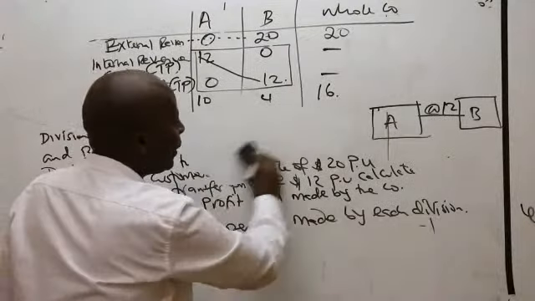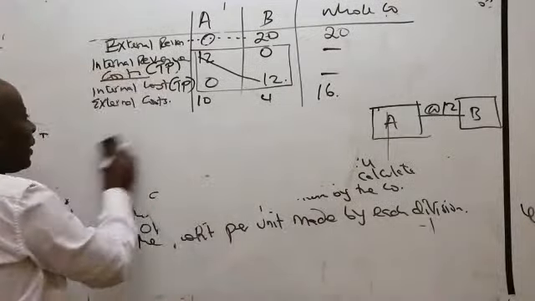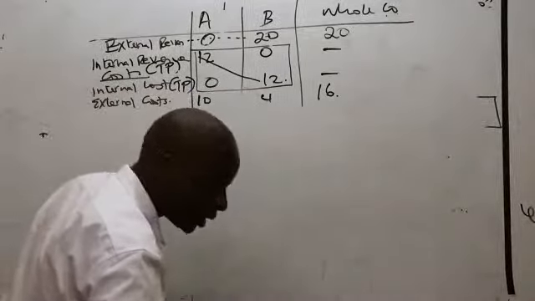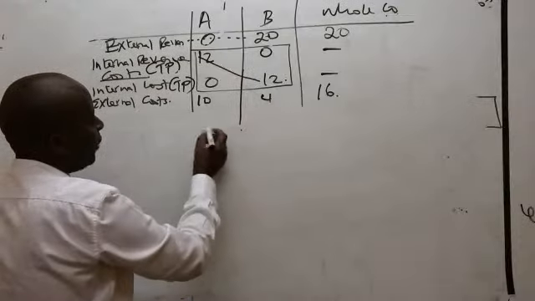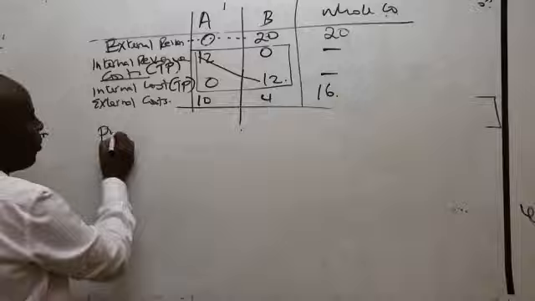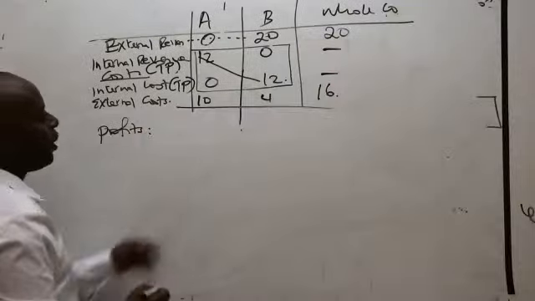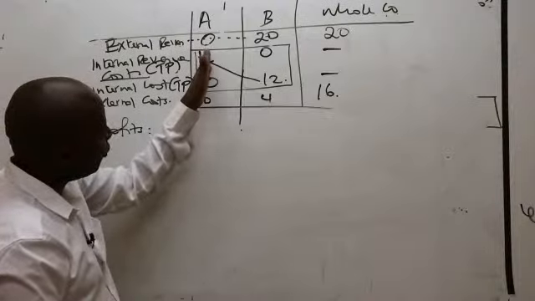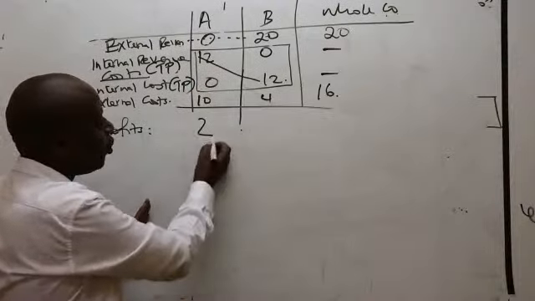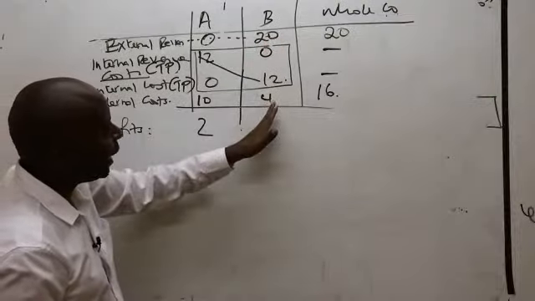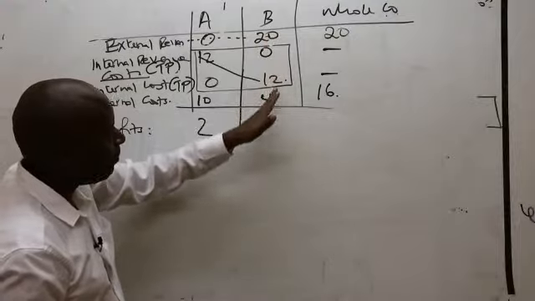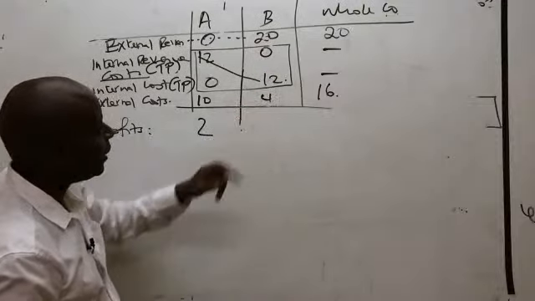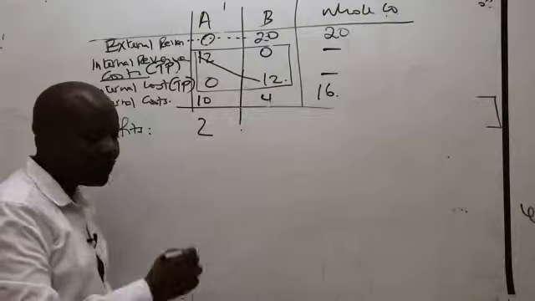Now, ladies and gentlemen, if that is agreeable, come and give us profits. For profits, we have revenues minus costs. So now you will talk of 12 minus 10, which gives me 2. Here we'll talk of 20 minus 12 minus 4, which is 20 minus 16, giving us 4.